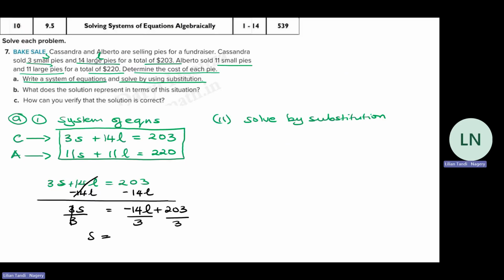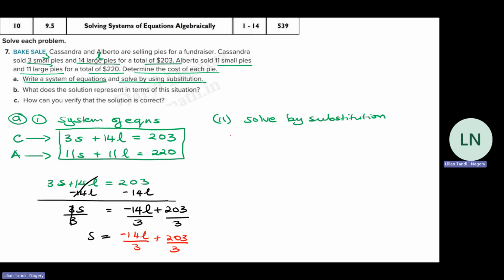Okay, sorry about that. Let's continue. So S will be negative 14L over 3 plus 203 over 3. Okay? Now I will replace it here in this equation.